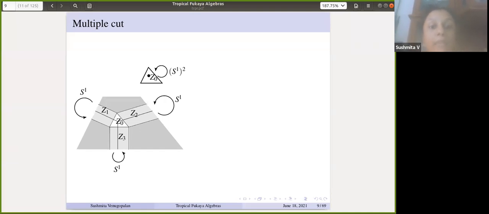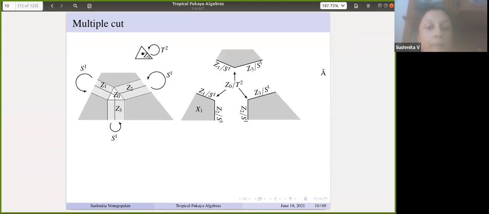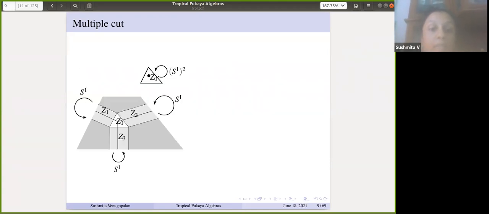Here Z1, Z2, and Z3 are hypersurfaces with S1 Hamiltonian actions in the neighborhoods. And in the intersection, which is Z0, these S1s fit together to form a 2 torus Hamiltonian action. So each of the 3 S1s are different subgroups of the 2 torus.